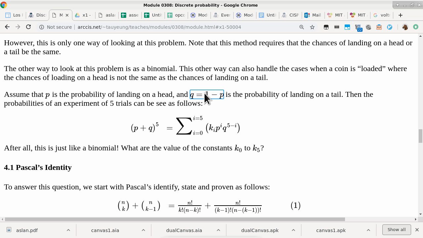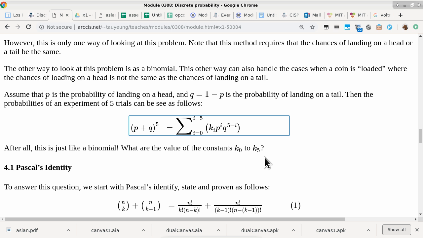So if that is the case, then we can look into this kind of strange equation here. We are looking at P plus Q to the power of 5, and it can be expressed as blah, blah, blah, like that. So if you just forget about this side, and instead of looking at this as P plus Q, use 1 plus x or x plus 1, what does that give you? 1 plus x to the power of 5.